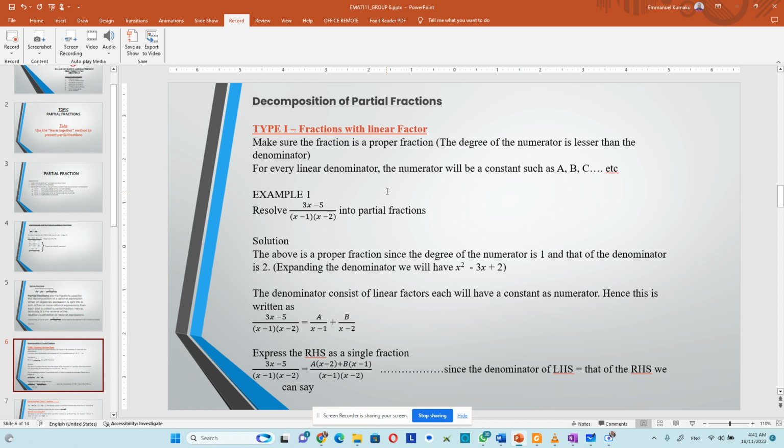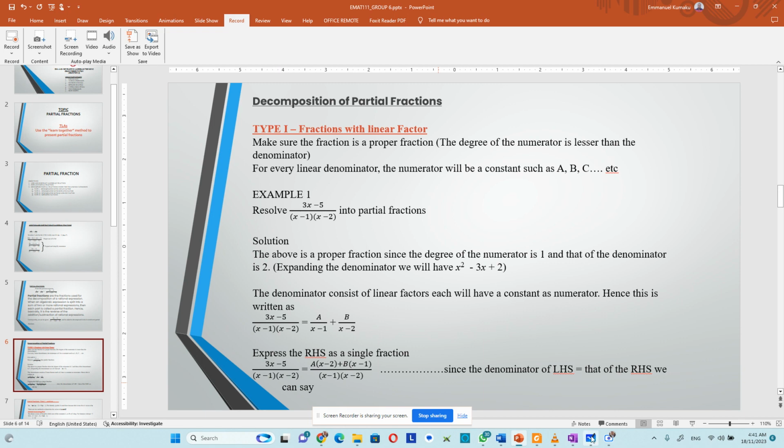Now let's go to the decomposition of partial fractions itself. When the question is given, you must diagnose the type of partial fraction it is before you can handle it. The type will determine the process that needs to be followed to decompose the fraction. So here we are looking at type 1, when the fraction has a linear factor as a denominator.